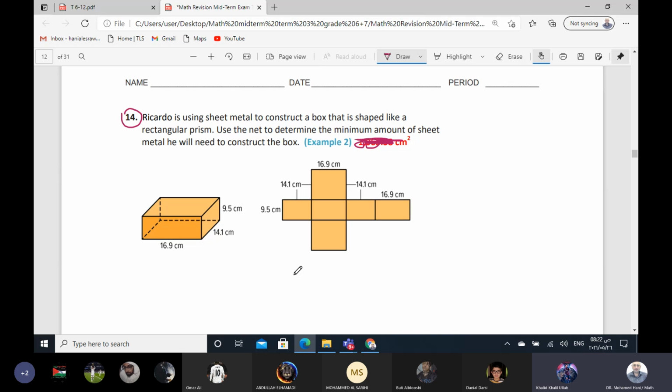Mr., my answer is 1065.58 centimeter square.